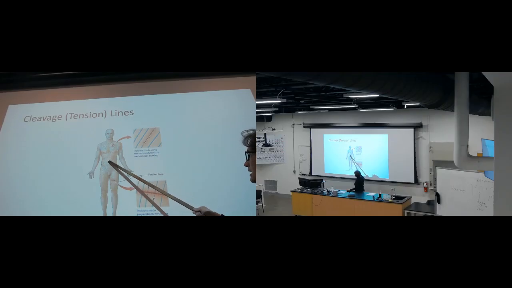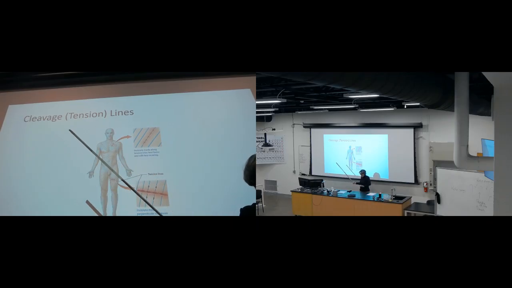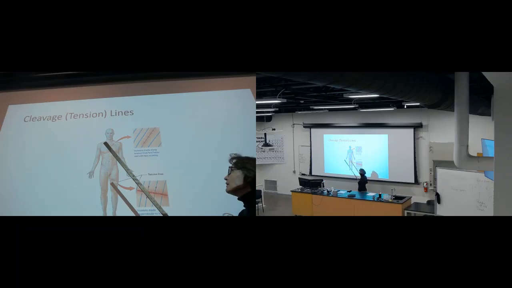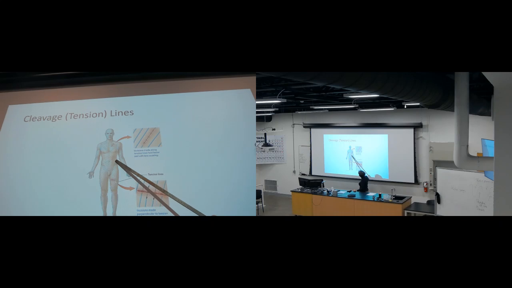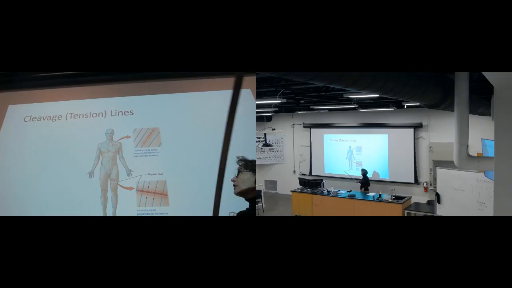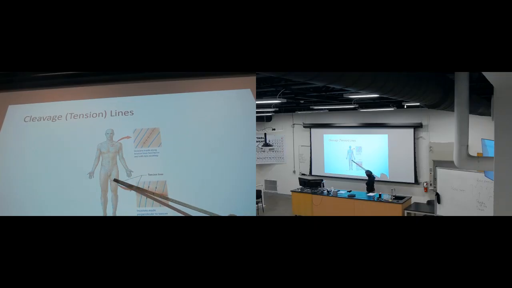Like above the navel area and below the mammary area, the cleavage lines run almost horizontal, but they follow kind of a scallop pattern. And then here, from the abdominal area, from lateral to medial, they run in this direction. And then the thigh area, from lateral to medial, and then the knee area this way.